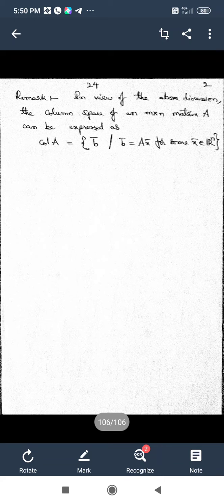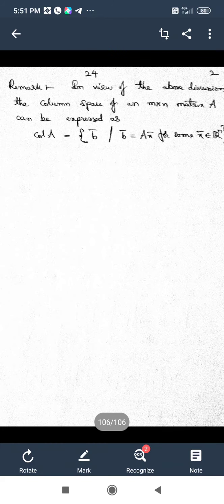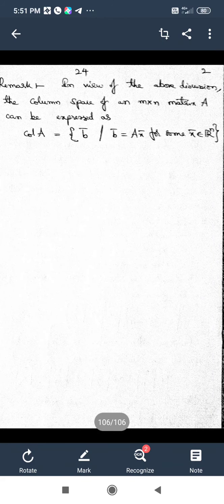Col A, which is the column space of the matrix A, is denoted as Col capital A. And now we can take it as the set consisting of the vectors b bar such that b bar is equal to A x bar for some x bar belonging to Rn. Rn means x bar is an n by 1 column vector. So finally we can understand Col A as the set consisting of the vectors b bar such that b bar equals A x bar for some x bar in Rn.